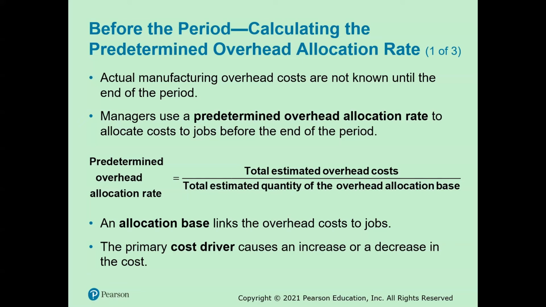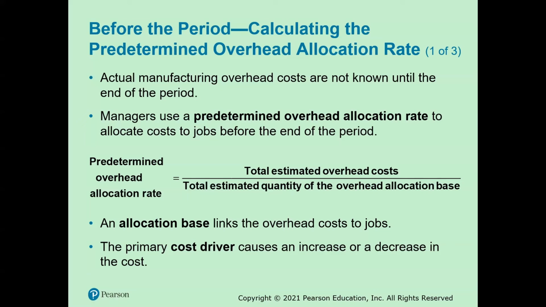So the predetermined overhead allocation rate is equal to total estimated overhead costs divided by total estimated quantity of the overhead allocation base.